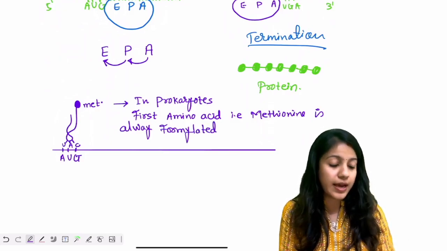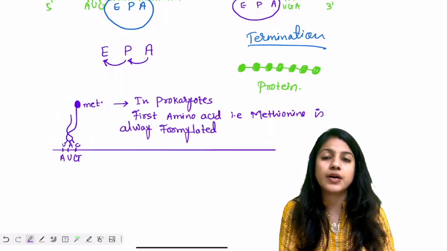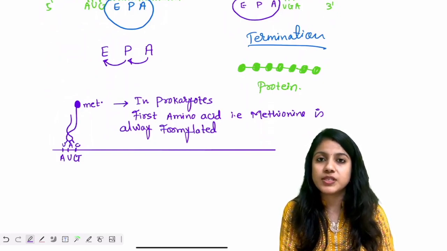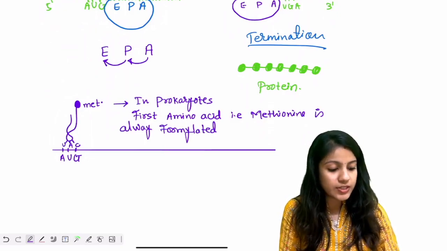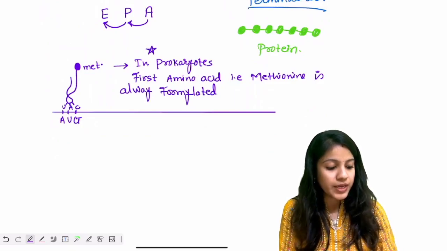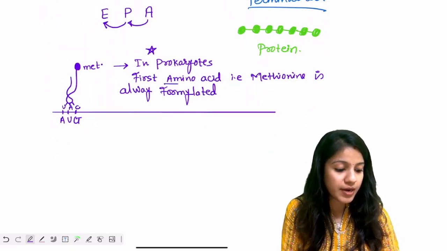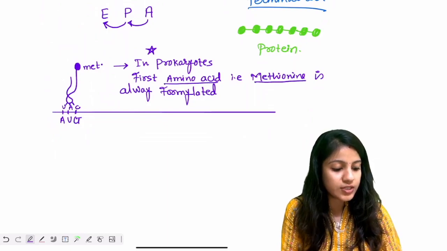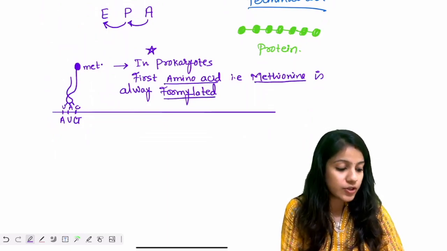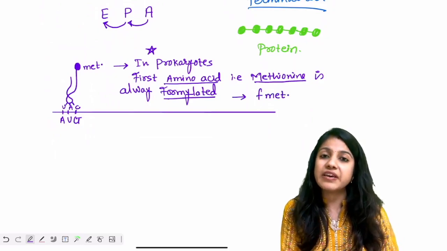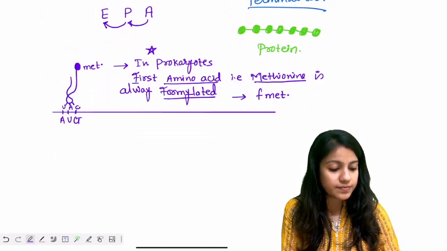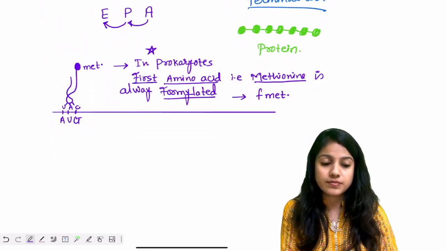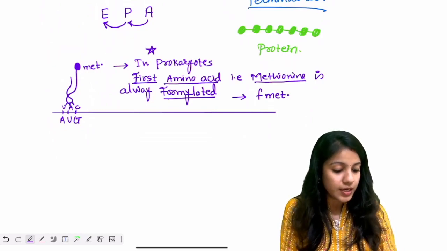A formyl group is added on the methionine amino acid so as to provide a little bit more stability, since we know that in prokaryotes a coupled process is there. So in case of prokaryotes, the first amino acid, that is methionine, is always formylated. So in short, we can write it as fMet. F-methionine, that means formylated methionine. Remember, I said only the first amino acid, the first methionine, right?